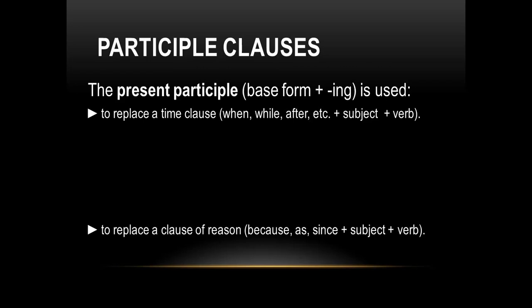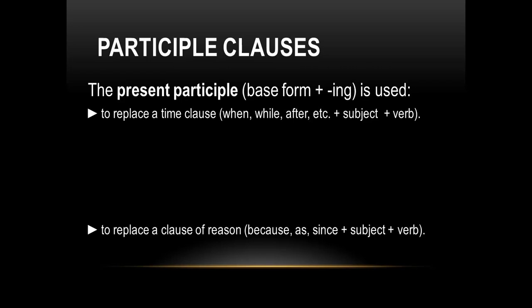Another grammatical rule: participle clauses. We have two kinds of participle: the present participle and the past participle. What is the present participle? The present participle is the base form of the verb plus ing. فعل مضاف له ing. طيب.